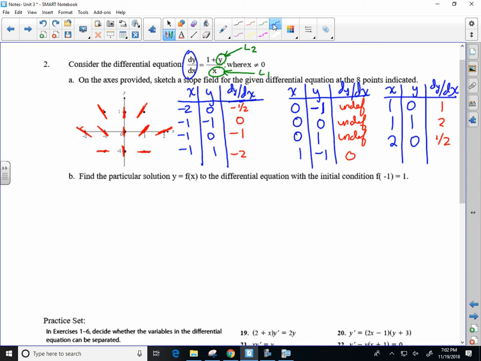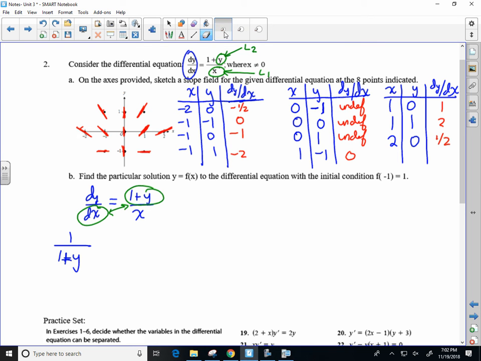So, let's rewrite it. We have dy/dx is equal to 1 plus y over x. I need to separate my variables. I need to get the x's together and the y's together. So I'm going to do a quick switcherooski on these two bad boys and get a 1 over 1 plus y.